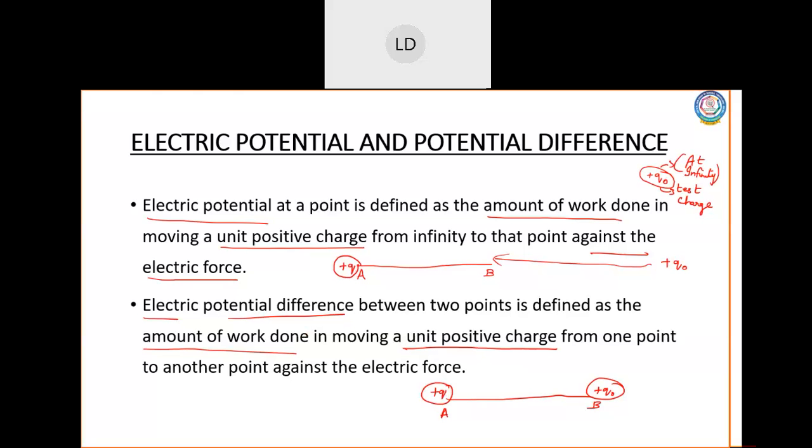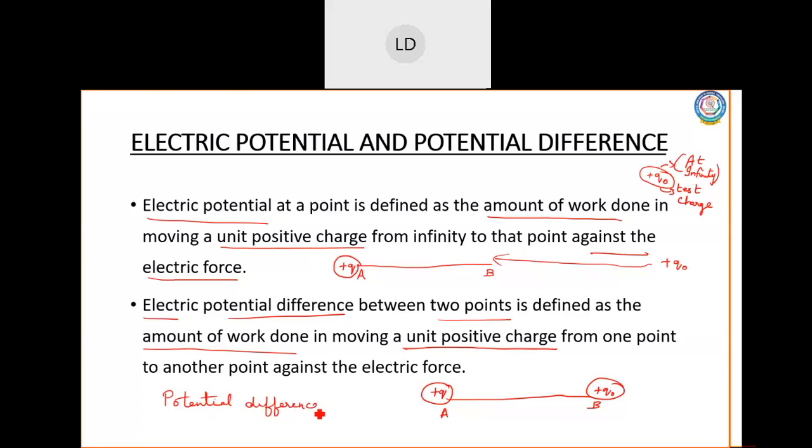So electric potential difference between two points is defined as the amount of work done in moving a unit positive charge from one point to another against the electric force. So I will have the formula for electric potential difference. So let me write here: potential difference.